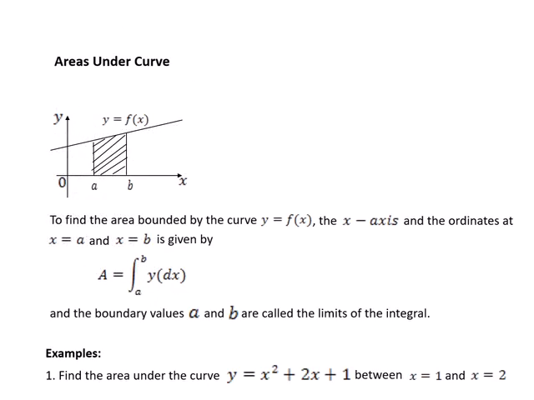So now we want to look into areas under a curve. Looking into this diagram, we have the y-axis, the x-axis, then we have the shaded portion from A to B. That A to B is the boundary values.